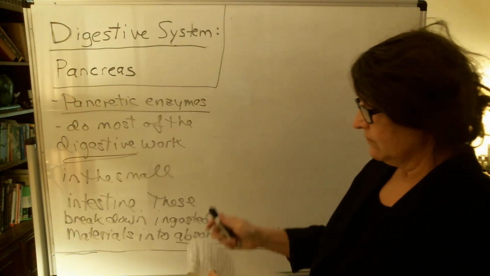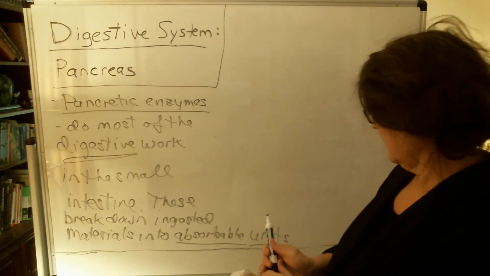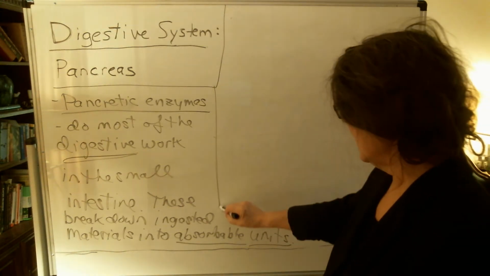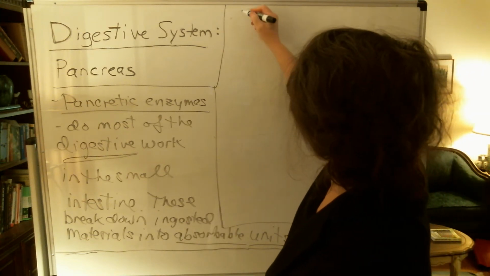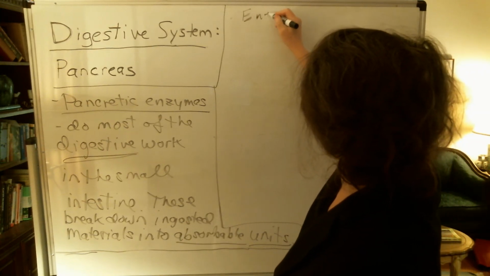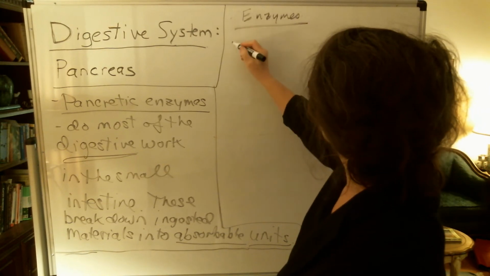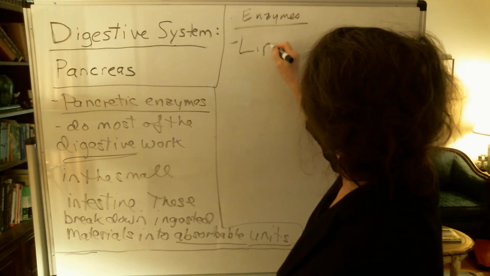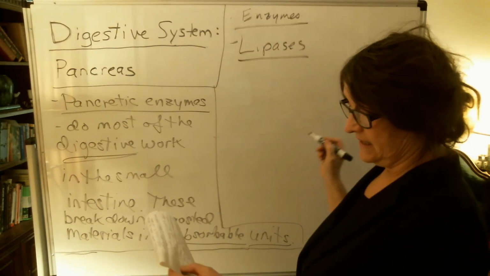Okay, so let's take a look at these enzymes. They come in different classes, and the names tell you their job, so it's kind of nice. So then these enzymes, there are different categories of them, and they include lipases.